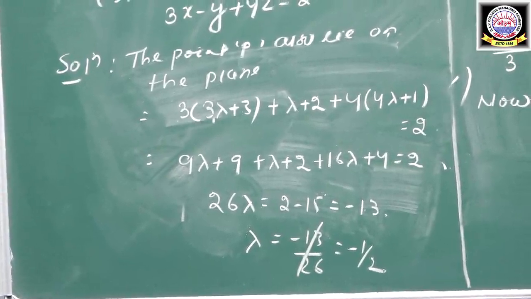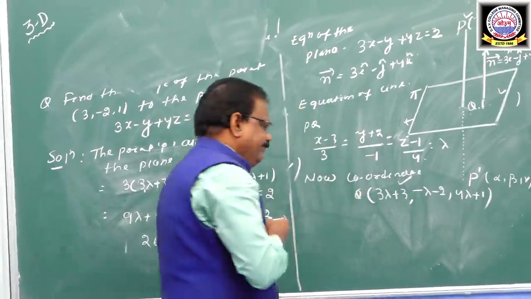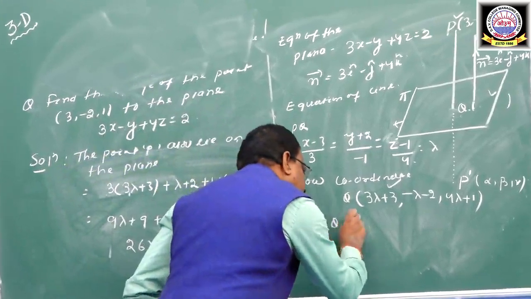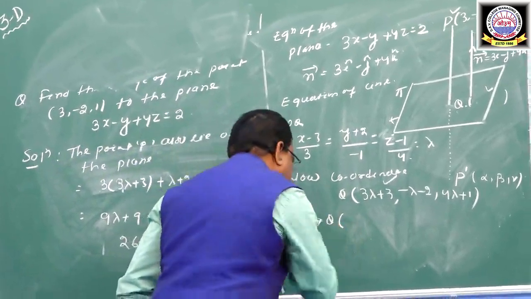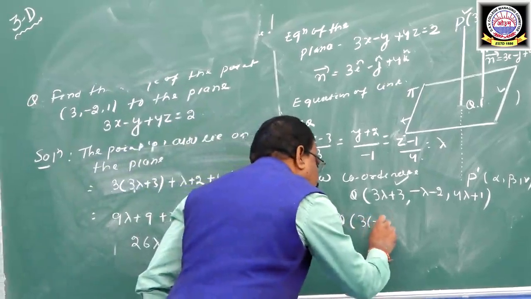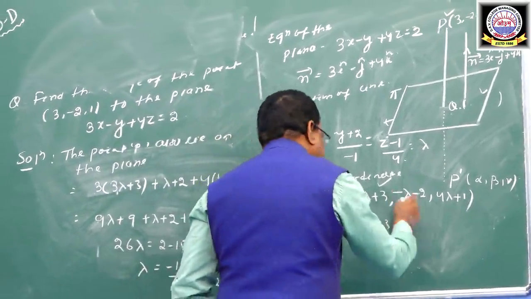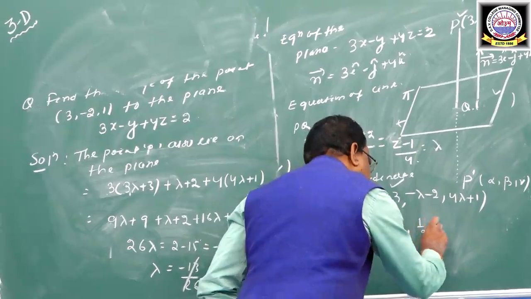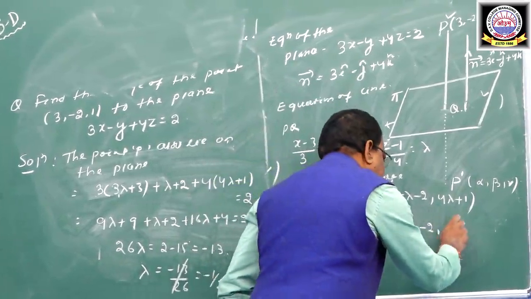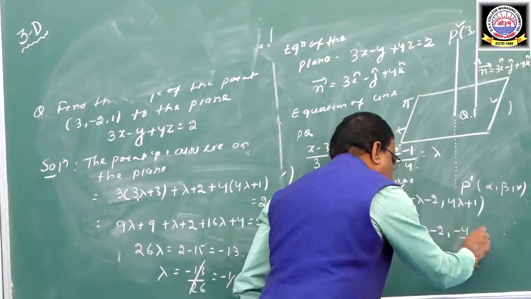Correct? If lambda is minus 1 by 2, let us put the value of lambda here in the coordinate of the point Q. Say 3 into minus 1 by 2 plus 3, then minus means plus 1 by 2 minus 2, then 4 into minus 1 by 2 means minus 4 by 2 plus 1.